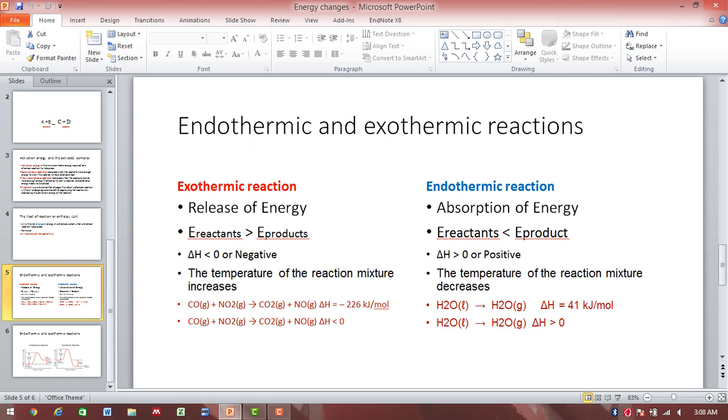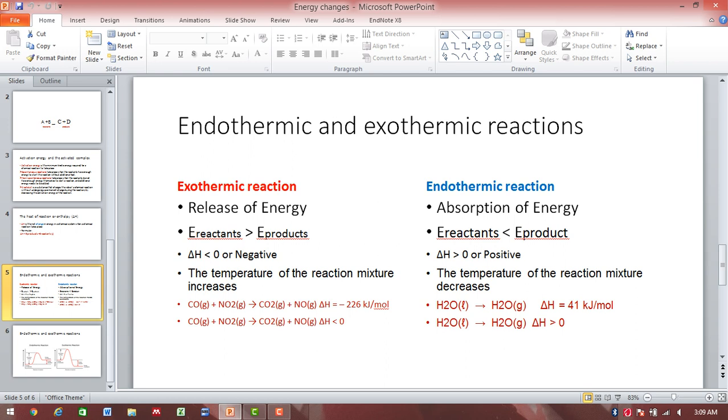What happens to delta H is that we go back to the equation. During exothermic reaction, the energy of the reactants is greater than the energy of the product. Therefore remember, the delta H is the energy of the product minus the energy of the reactants. It means if the energy of the reactants is greater than the energy of the products, delta H will be less than 0 or negative.